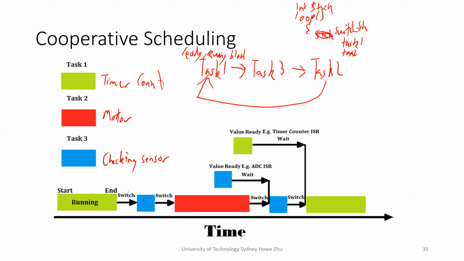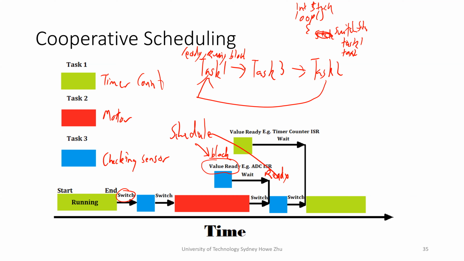Each time you have a switch, it has to be done very fast, with minimal wait between the two. So you have to make sure your variable or value is ready before you switch. For example, you have a value ready here, then you do a block. Your scheduler will block this and then say, okay, but this one is now ready.